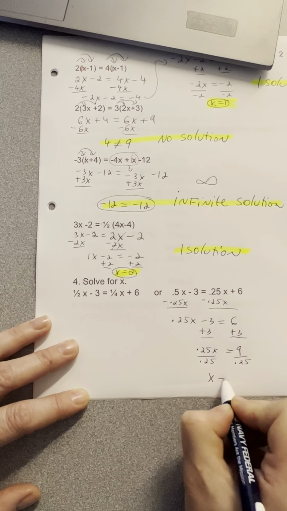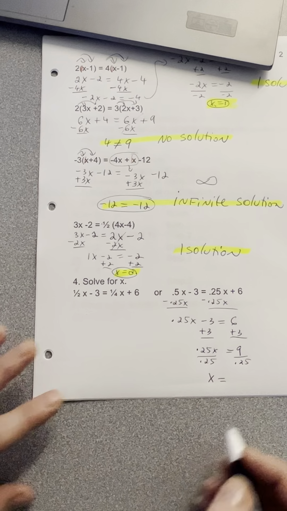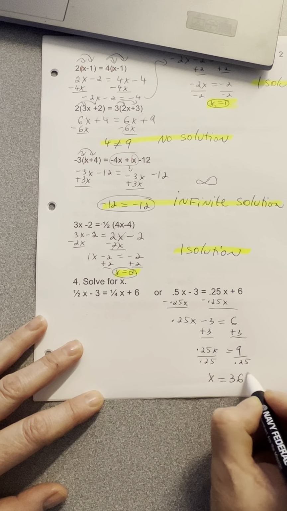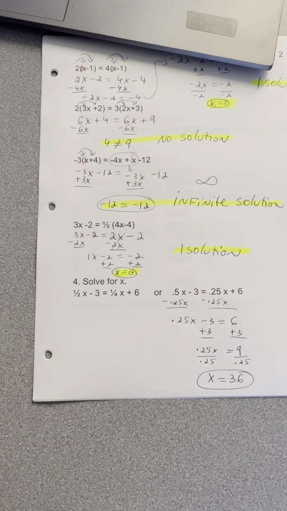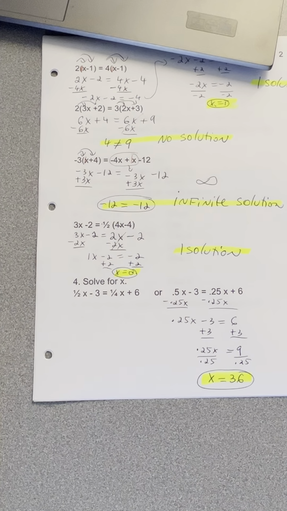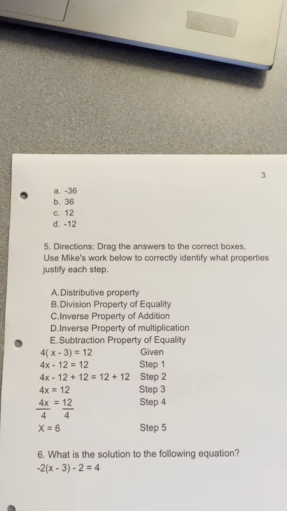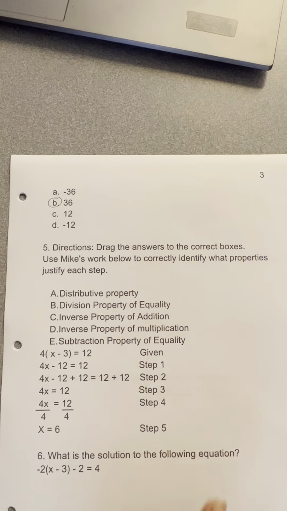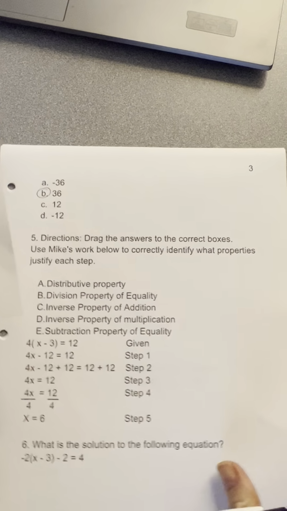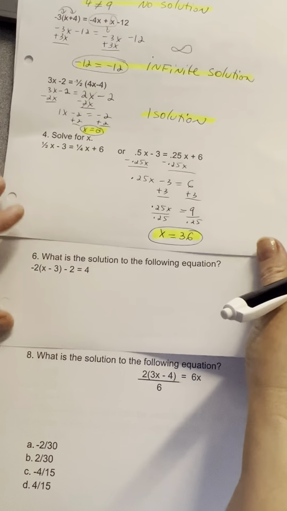by the number next to our variable. And 9 divided by 0.25 gives us 36. All right, so that's our answer. Okay, so that was B. All right, we are going to skip down to number 6.